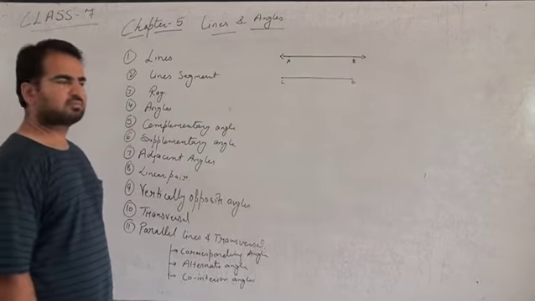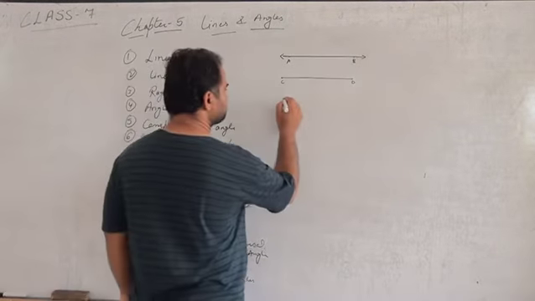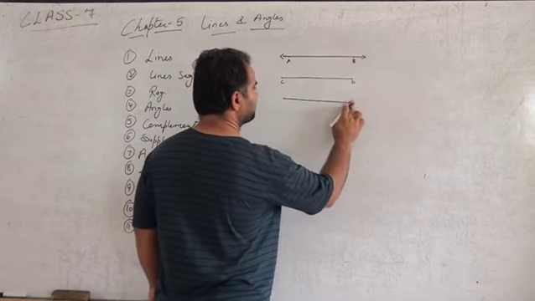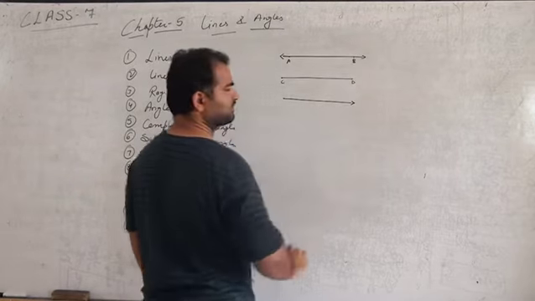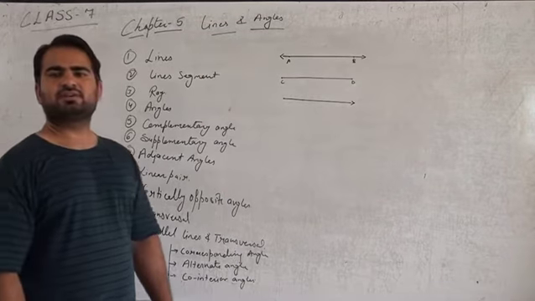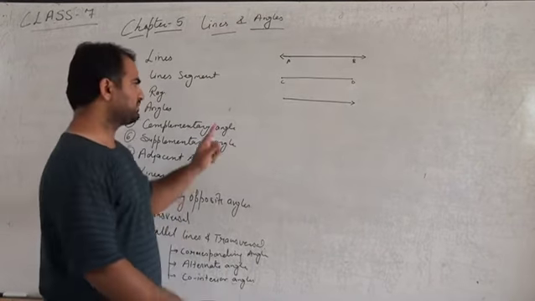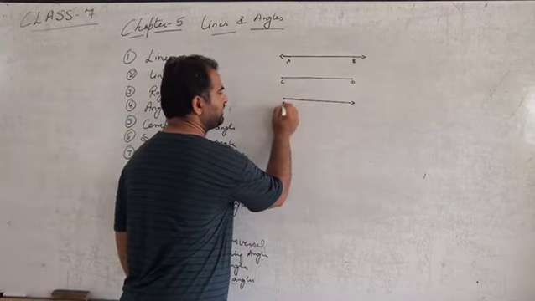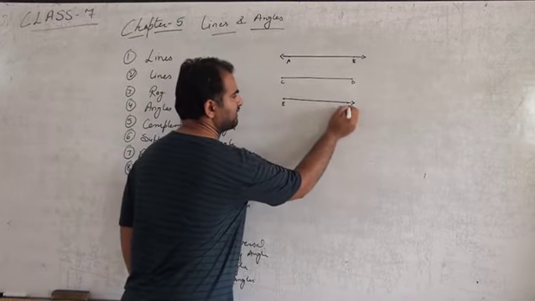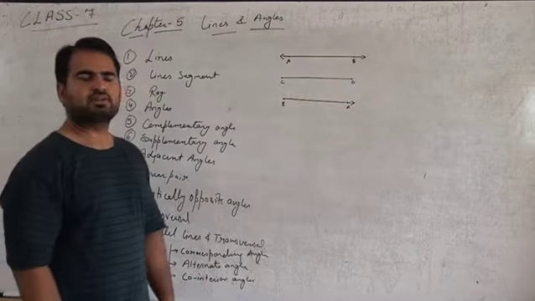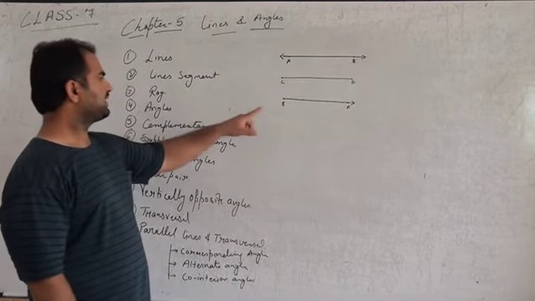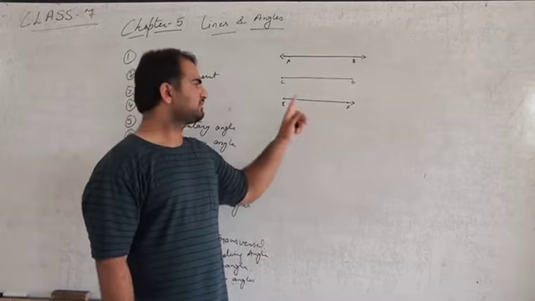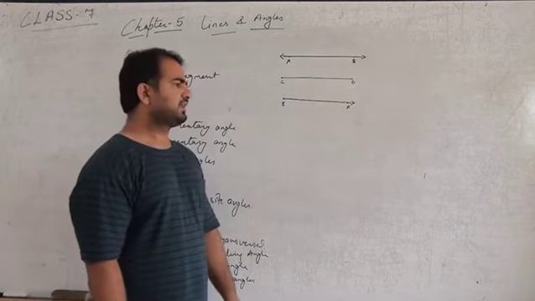What is a ray? A ray is a line which starts from a source and goes endlessly in one direction. Let this source be E and this F. A line which starts from a source and goes endlessly in one direction is known as a ray, like sun rays.